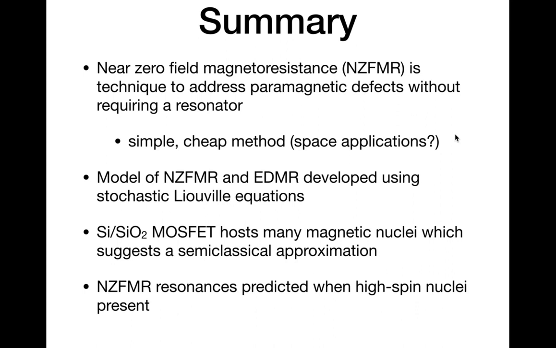We've presented a model for the near zero field and EDMR using stochastic Liouville equations, and we're able to produce very good agreement with silicon MOSFET data. And lastly, I've put forward a couple neat effects of resonances when high spin nuclei or large delta g splittings are present.